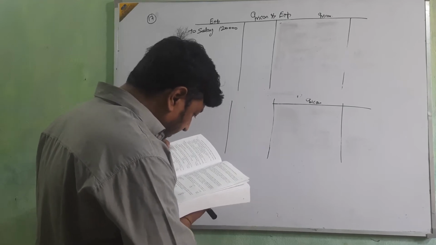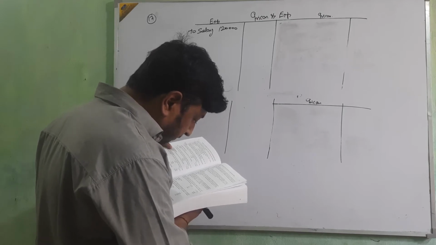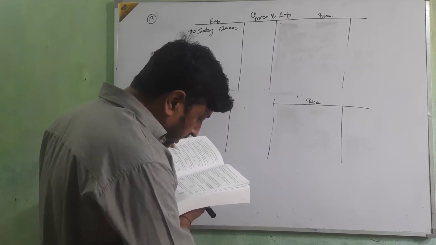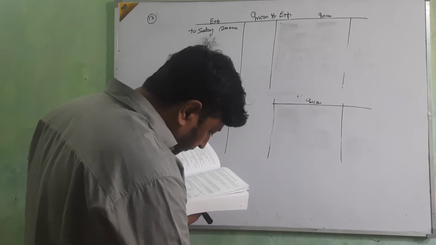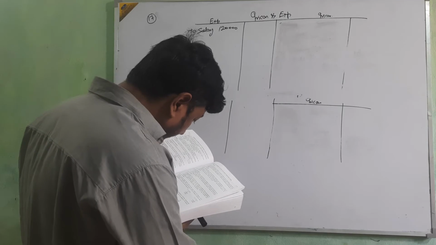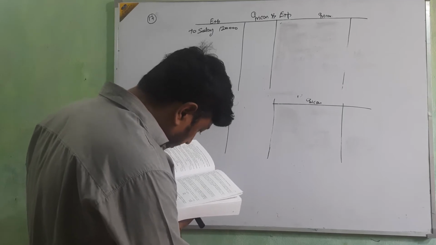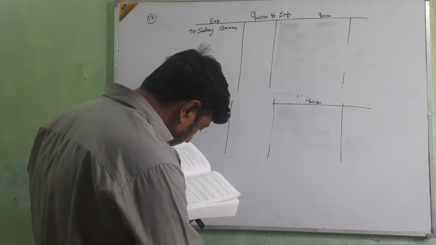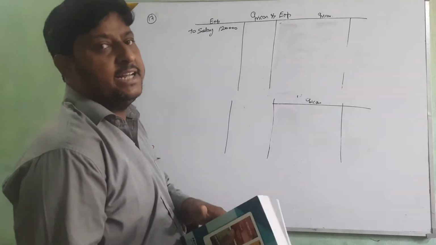How are we going to show this in the income and expenditure account? Salary outstanding is 5,000 and last year's outstanding was 1,000. Unpaid salary means outstanding salary.